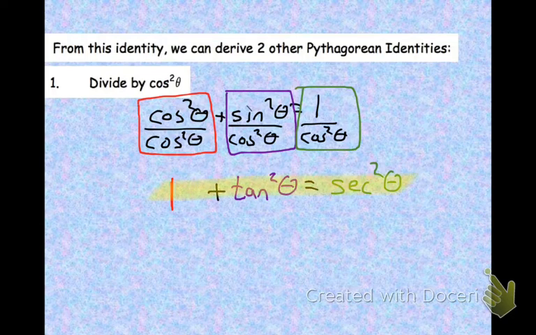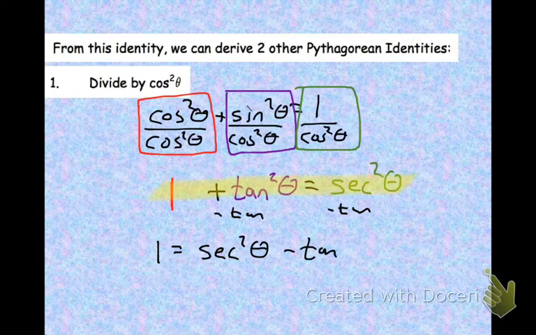And just like the other one, you can split this up into two additional ones. If we subtract tan squared theta from both sides, you'll have 1 equals secant squared theta minus tan squared theta. And instead of subtracting tangent, you could also subtract 1.